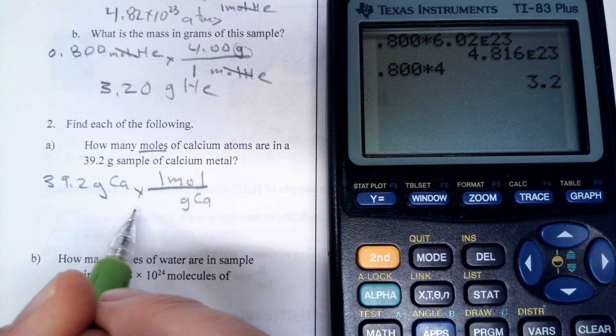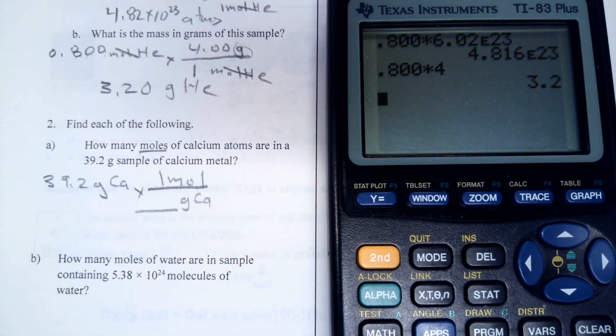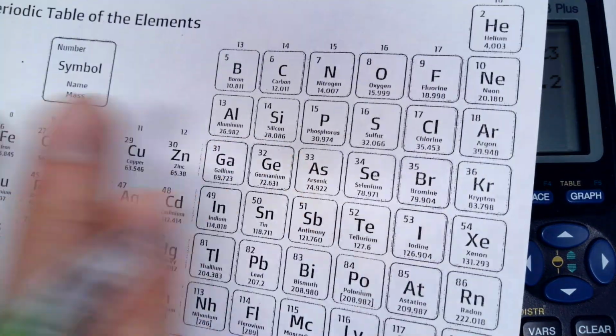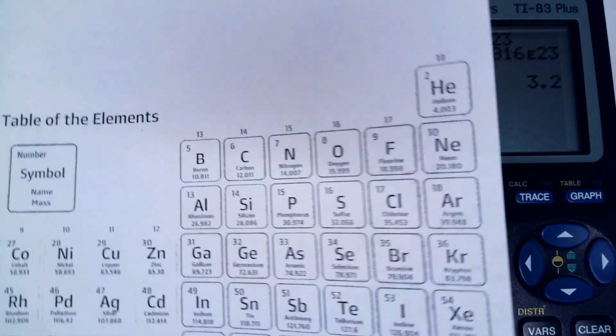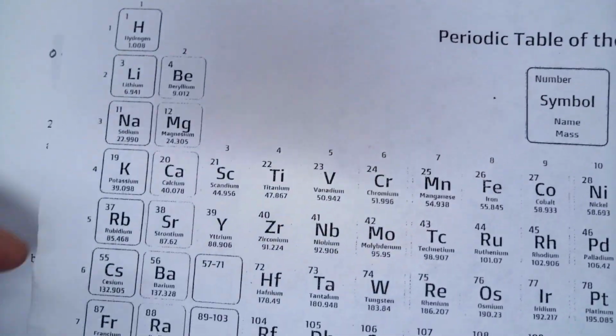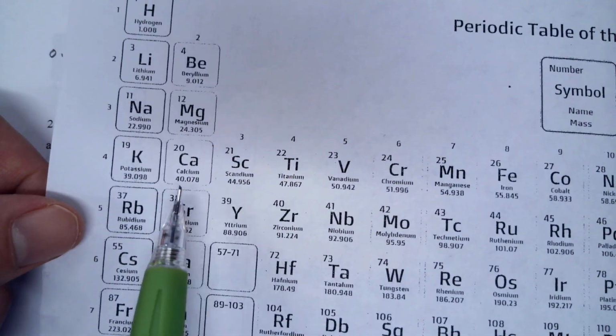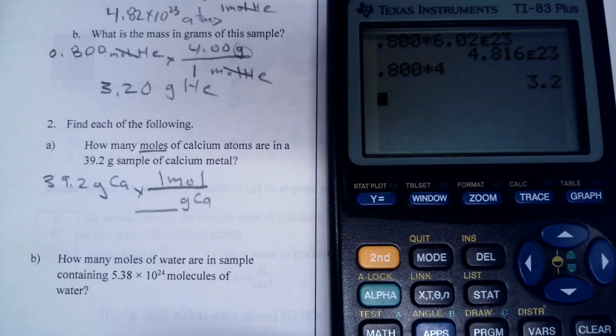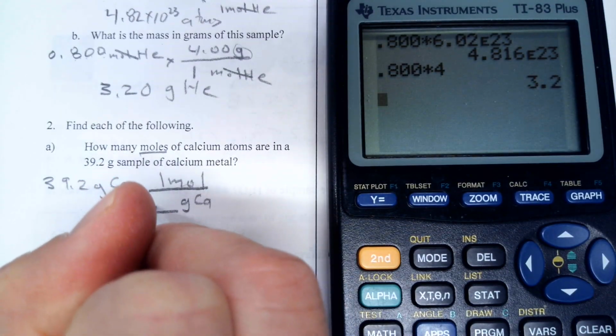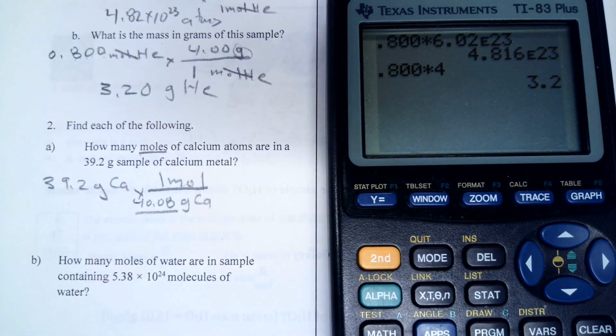Whatever I grab from the periodic table here, that's always worth 1 mole. Everything on here, no matter what it is, is telling you it's that many grams per mole. So for example, calcium would be 40.078. So we're going to call that 40.08, just like that.